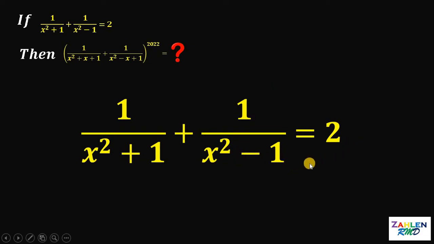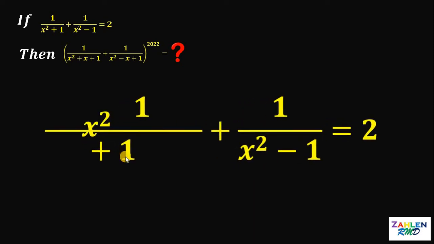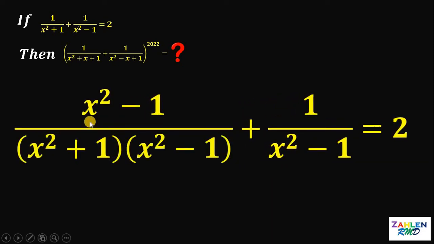So what we're going to do is to simplify the left-hand side. On the first term, let's multiply the numerator and the denominator by x² − 1. We get (x² − 1) over (x² + 1)(x² − 1).